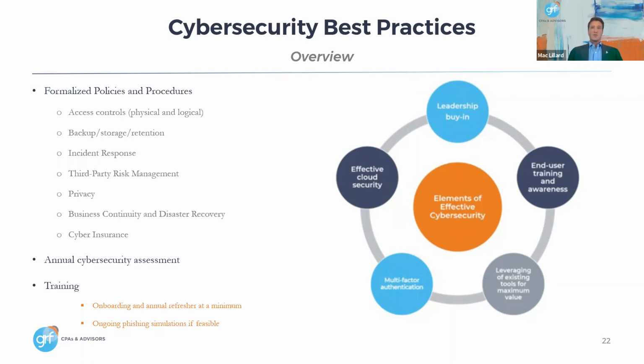So starting with access controls, this is physical and logical controls. Physical being those restricting access to hardware and physical assets such as desktop computers, laptops, keeping the physical server room locked or keeping things in a locked IT equipment closet or cabinet, whatever that might be.